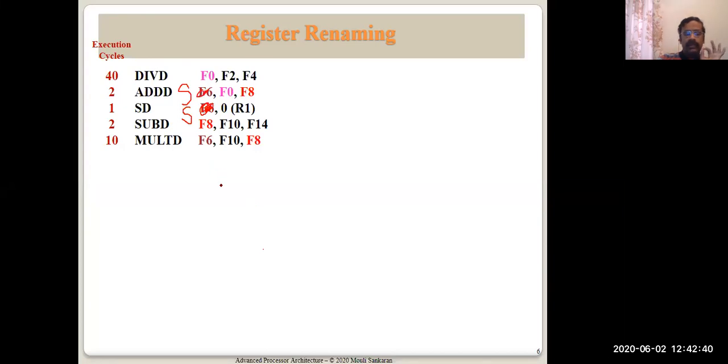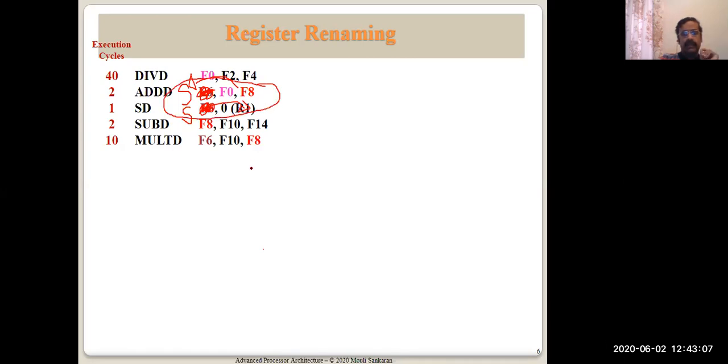Here, what I am doing is I am not mapping it to F6. Let me explain what I mean by that. I am just removing this altogether. I even forget that F6 was used and then I'm using some S. What happens? I am writing the result into S and then storing it into memory. That's all. It is used only in these two places.